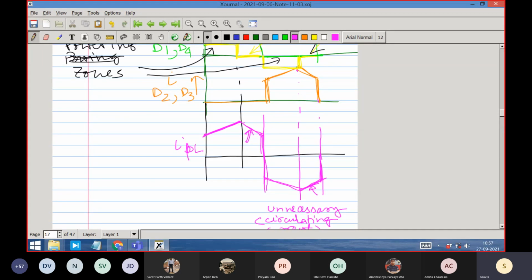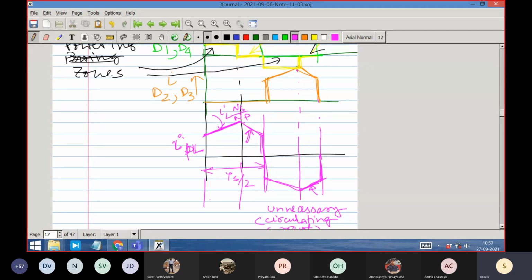IP, primary current load. And this current scaling-wise will be IL, the load current in the secondary, into NS by NP. That will be the scaling, always considering MMF balance. And this period is TS by 2.